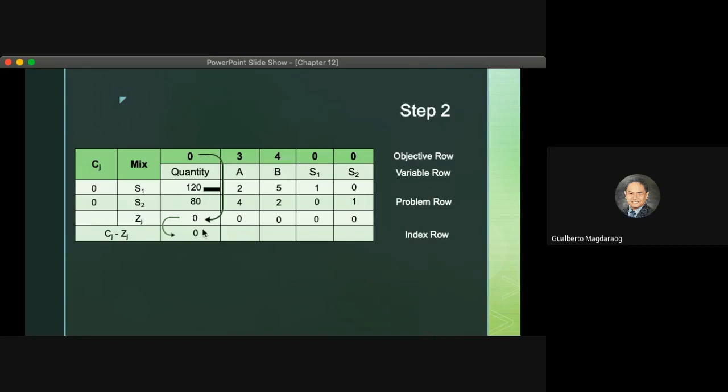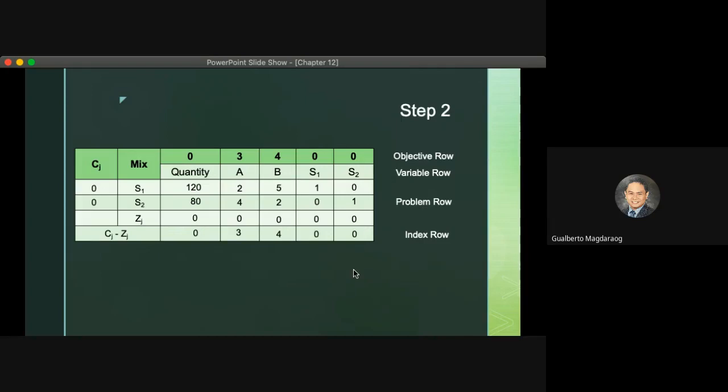Objective row minus the total income equals the index row. So you repeat the operation, 3 minus 0 equals 3. 4 minus 0 equals 4. 0 minus 0 equals 0. 0 minus 0 is 0.